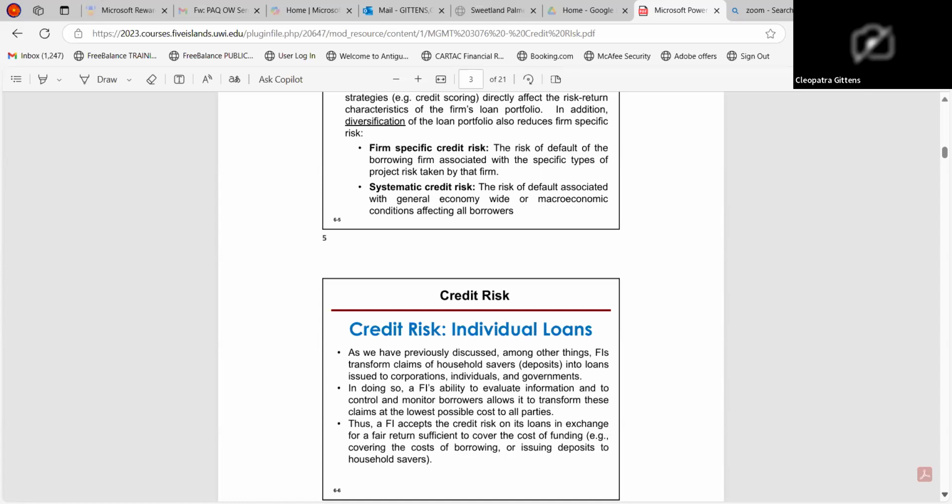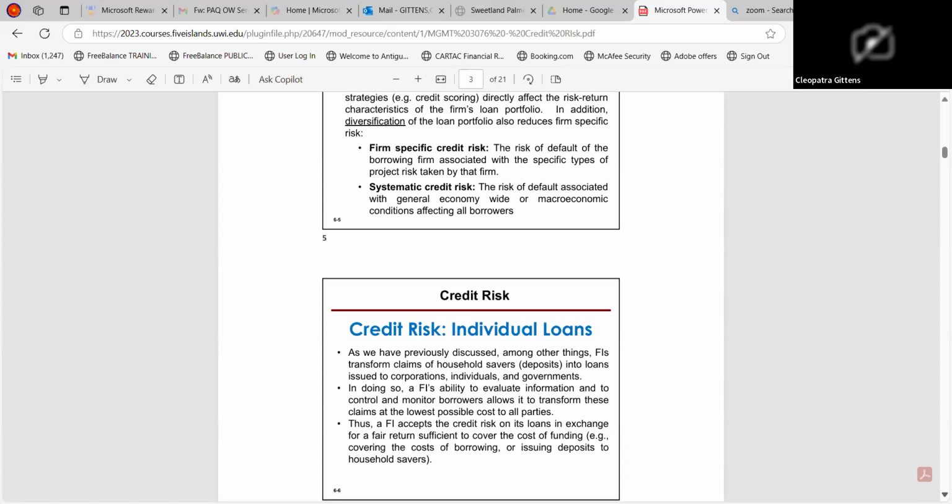So you have loans to different people. Then you also have different types of loans, right? Loans go to specific categories of people, and they also issue different types.